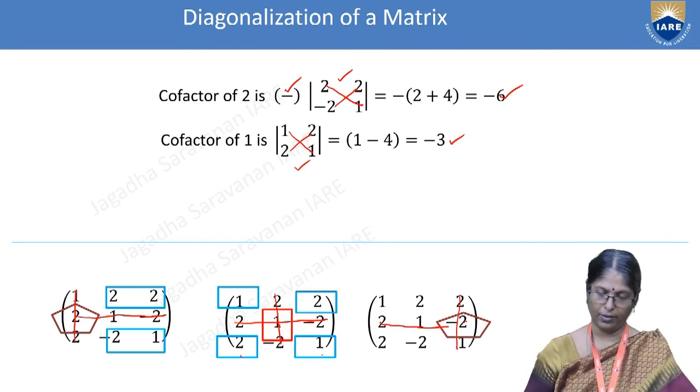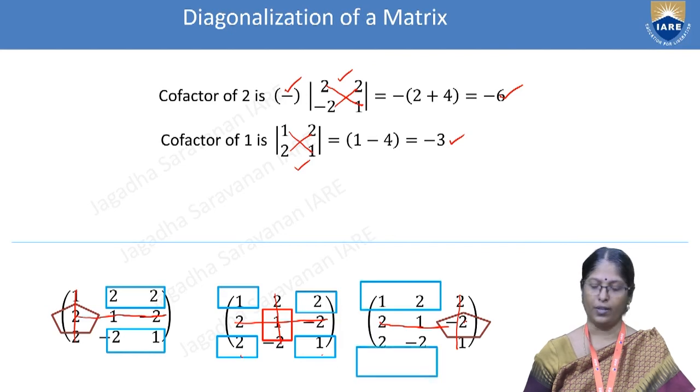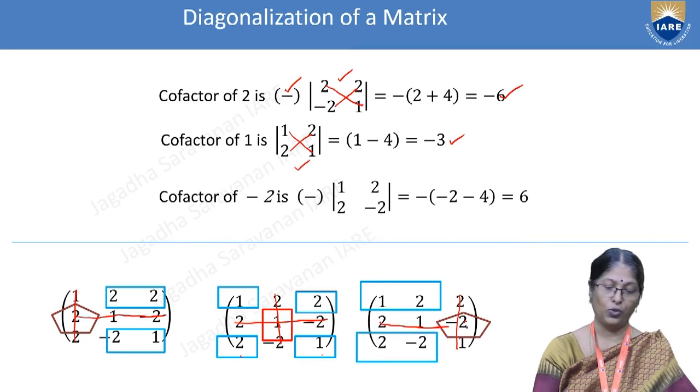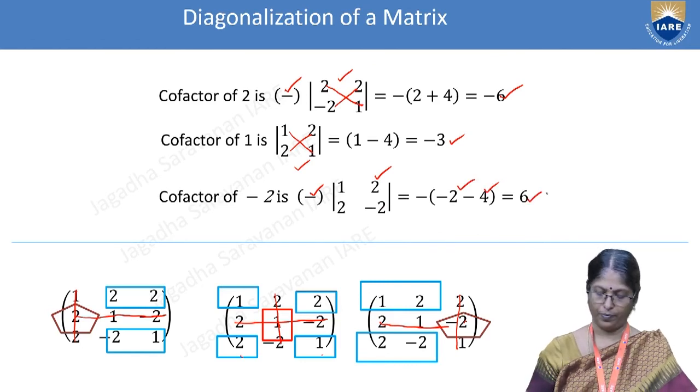We will take the same: cofactor of this -2, it is a negative position. So we use the determinant 1, 2, 2, -2. The values we got: minus of this -2, here we got -4. So the value is 6.